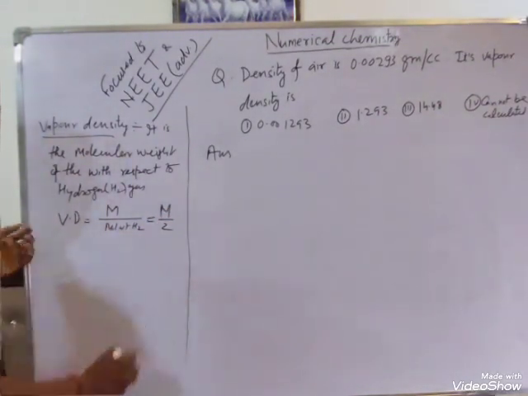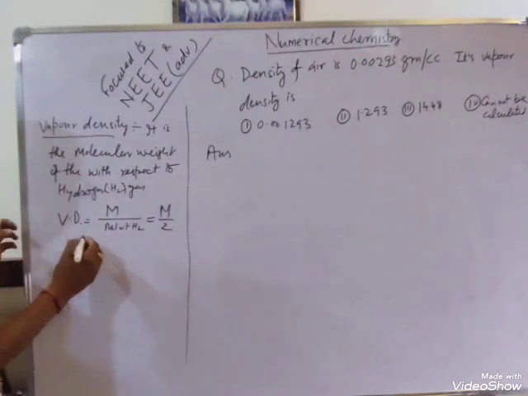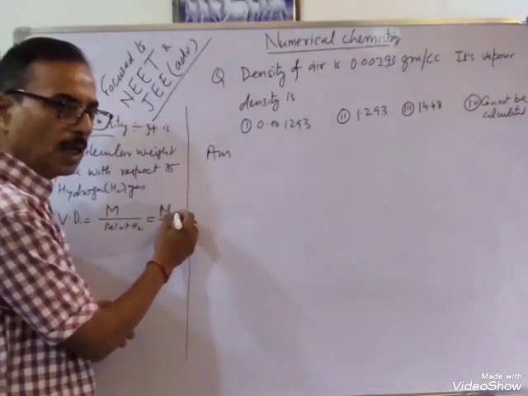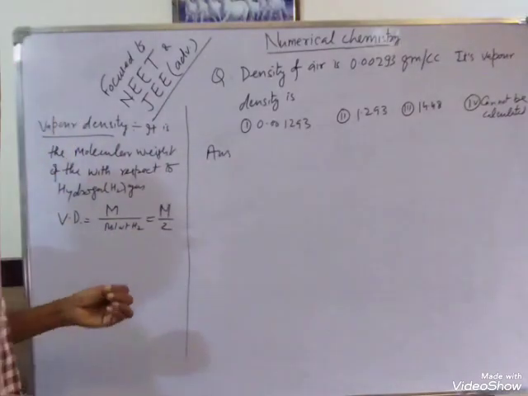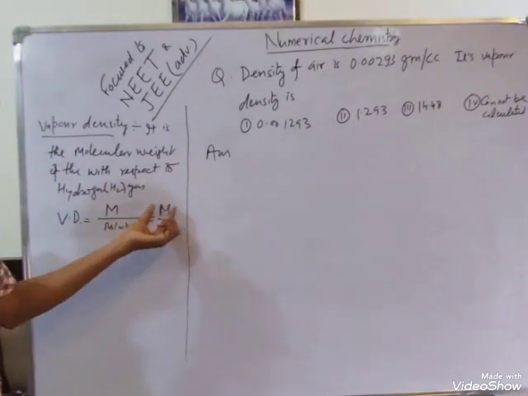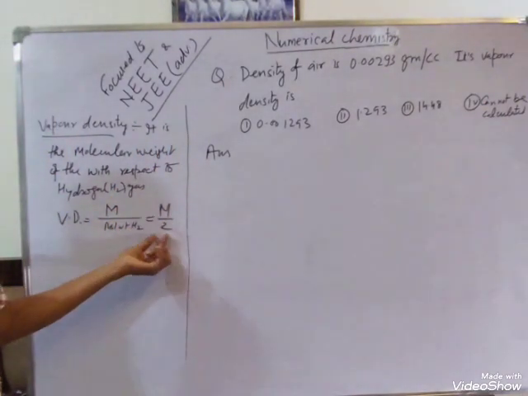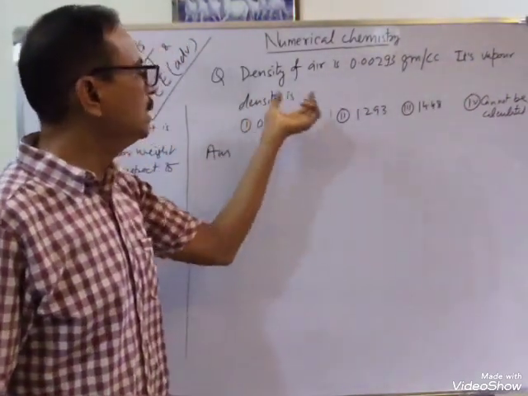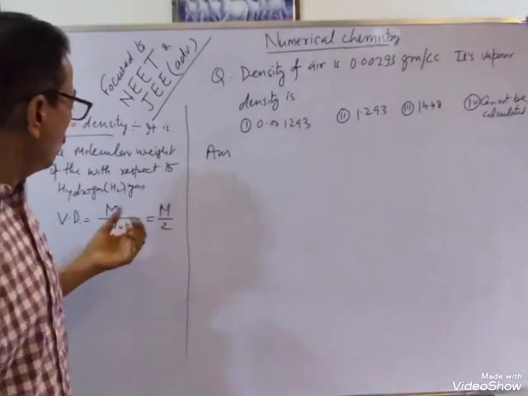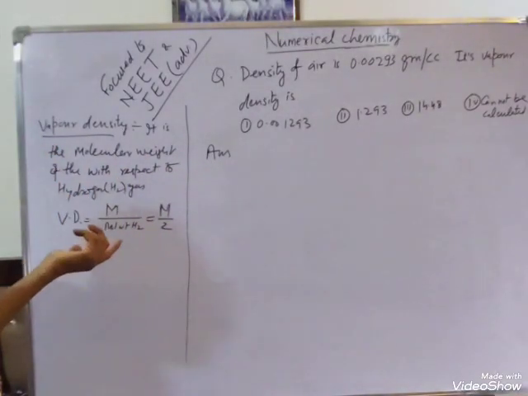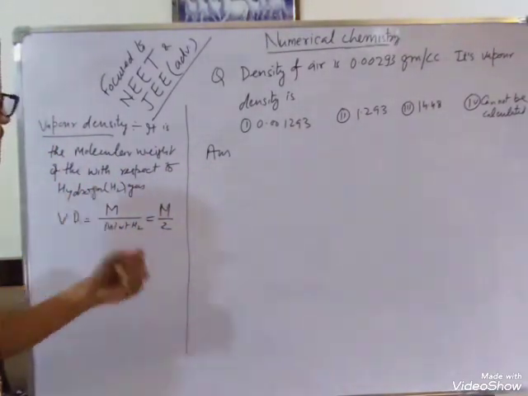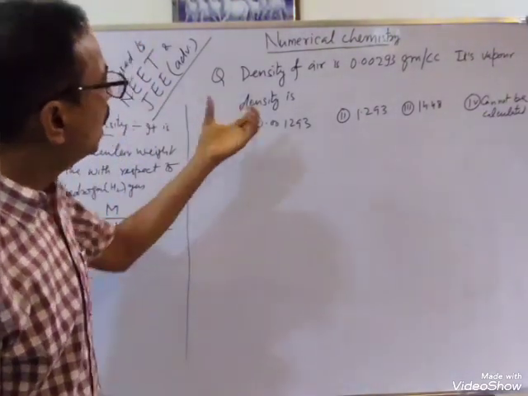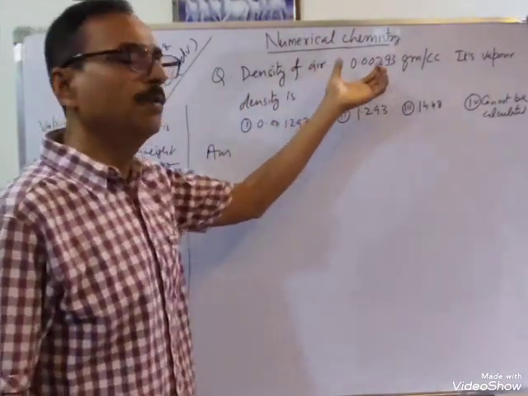This is constant 2. Vapor density of any gas is the molecular weight of the gas divided by 2. So if we calculate the molecular weight and divide by 2, we get the vapor density. In this case, vapor density is asked. So calculate the molecular weight, then divide by 2. Now the second question arises: is the information given sufficient or not?